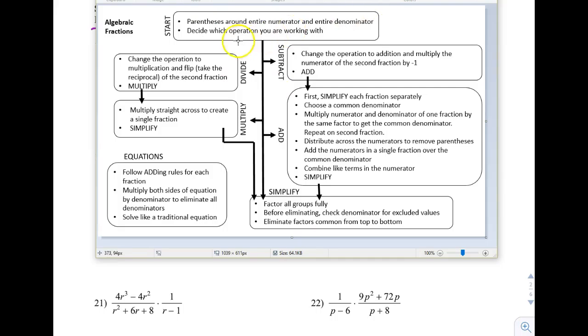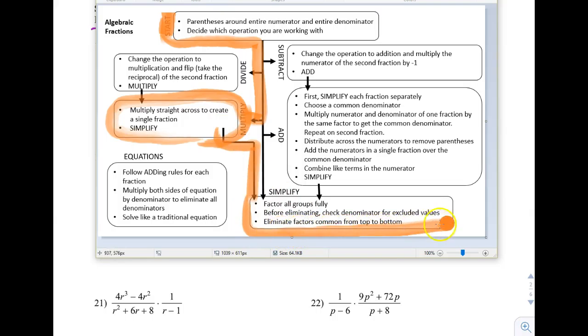What we will find is that we are going to start where we start every time, at the start. And we are going to move our way from here all the way through, and we're going to multiply. So we're going to head in here and do these steps, and then since we are multiplying, we will always end by simplifying down here.